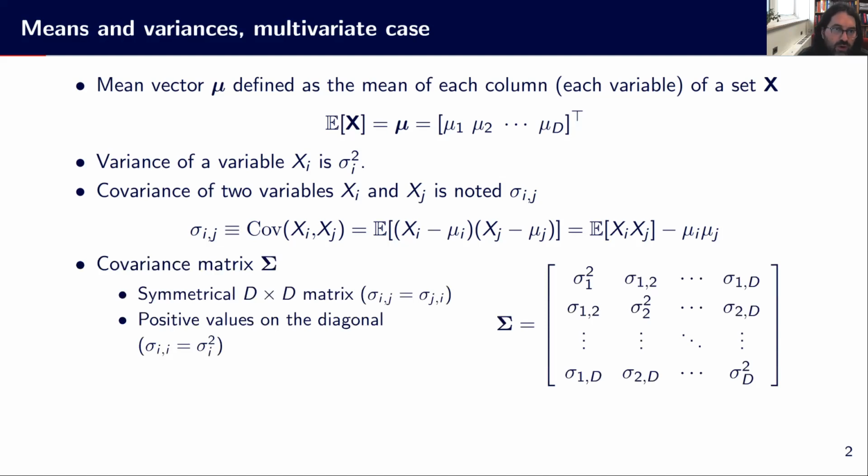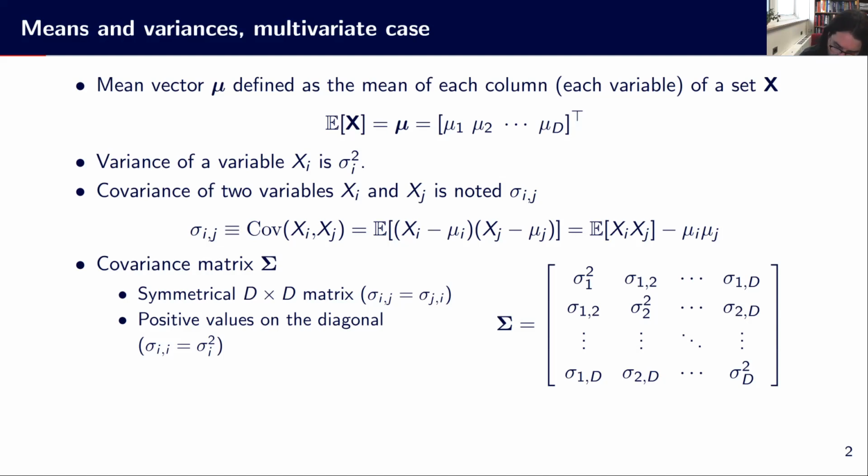We also have a covariance matrix, which is noted as big sigma. This covariance matrix is basically getting all variances and covariances over all combinations of variables. It is a square D by D matrix, and it is also symmetrical, such that sigma ij is equal to sigma ji.